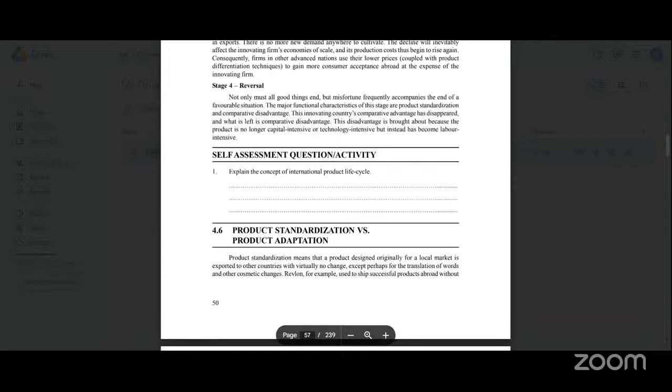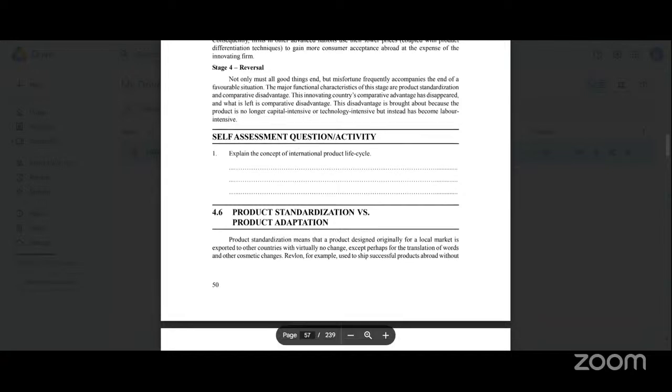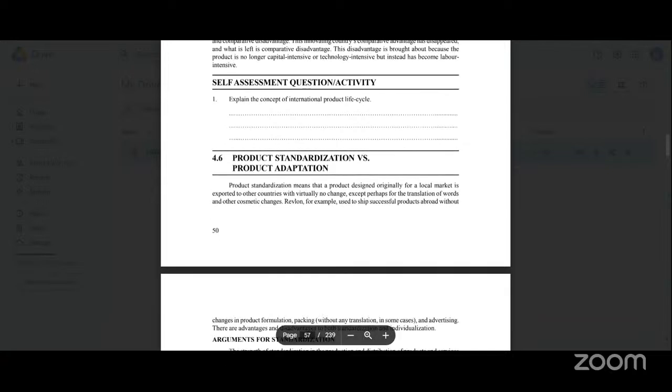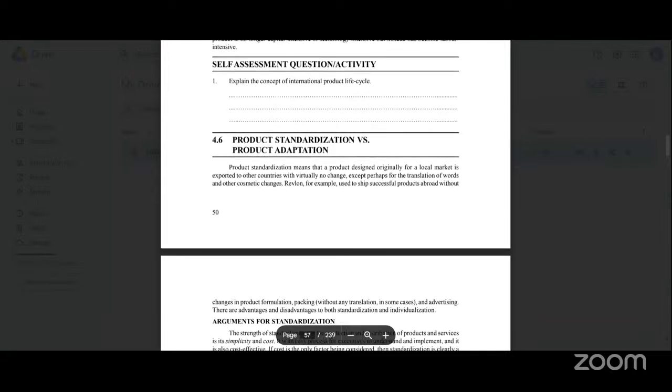It could be that the product doesn't have sufficient standardization, or second, it can have a comparative disadvantage vis-a-vis competitive countries. It could also be that the product is no longer capital intensive or technology intensive, but it may have become labor intensive. Therefore, it's not effective in terms of costing or pricing to continue to operate in the foreign market.